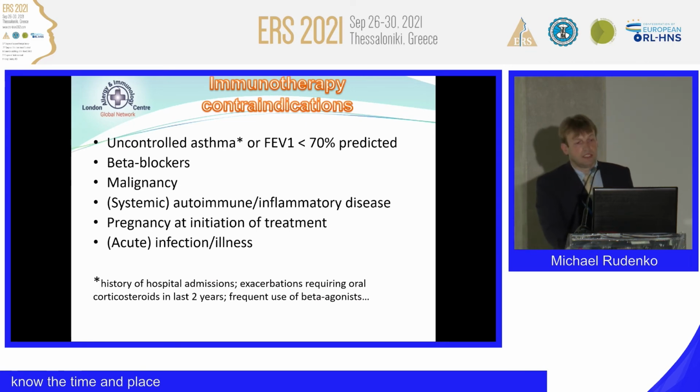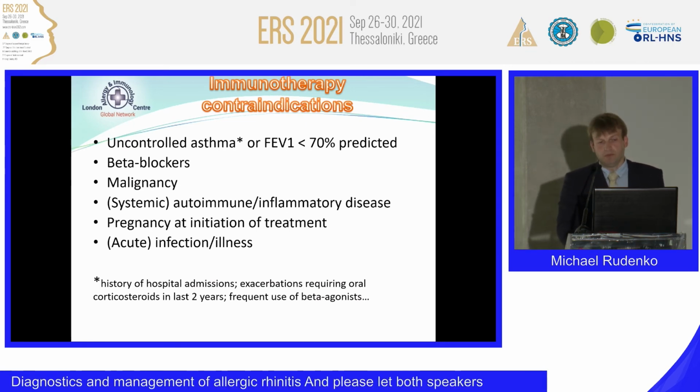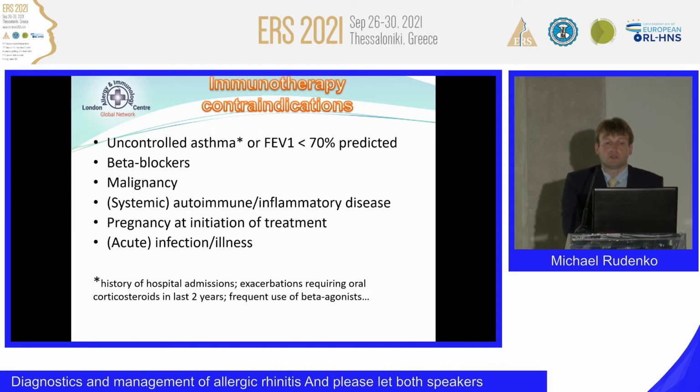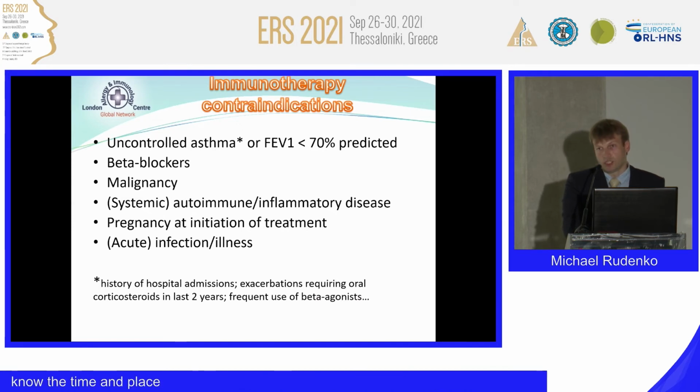So when not to do it? It's not done when there is uncontrolled asthma, or when people are on beta blockers. In case of venom immunotherapy, obviously there is a discussion on how to get around this when you have to do it. Other contraindications are malignancy and autoimmune inflammatory conditions, especially when they're active.